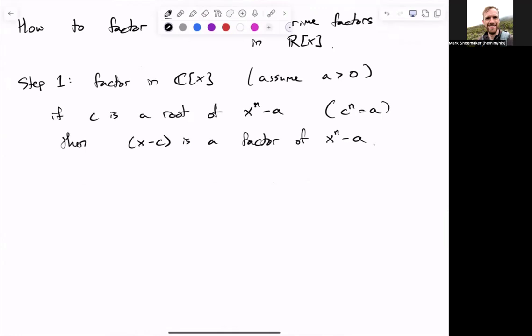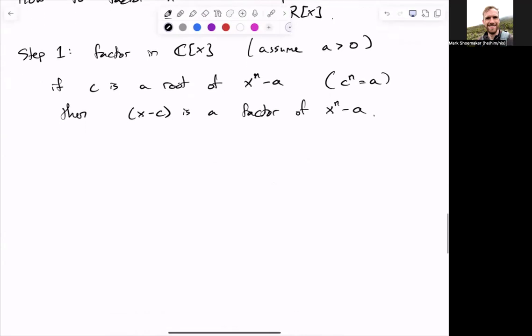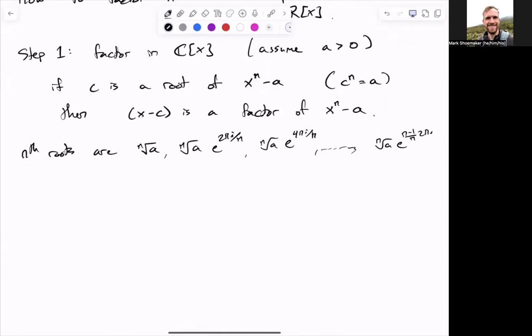And at the beginning of this video, we figured out exactly what the nth roots were. So the nth roots are the real nth root, and then nth root of a times e to the 2 pi i over n, etc., 4 pi i over n, and then n minus 1 over n times 2 pi i.